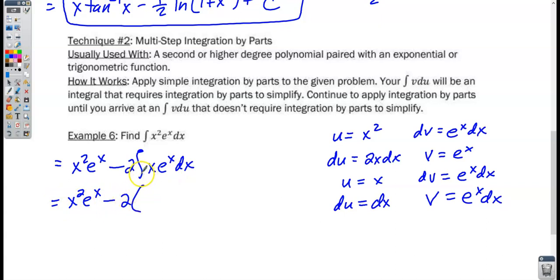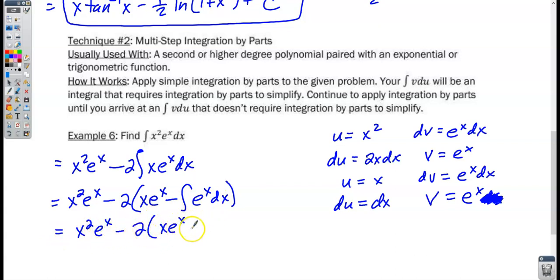And now this is the integral of our new u dv. That's going to be equal to uv minus the integral of v du. Oops, got an extra dx there for some reason. And there we go. Now this is something that we can take the integral of by just using basic antidifferentiation. That's just going to be e to the x plus a constant.